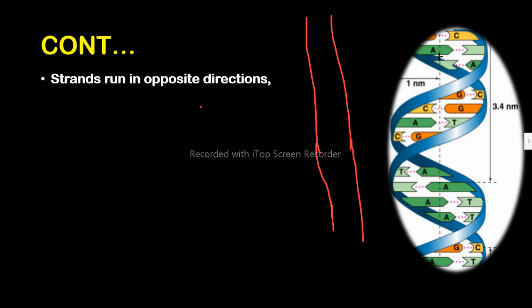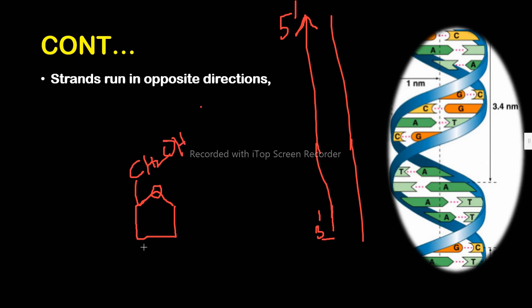And the two strands run in opposite direction, whereby if you have one strand that runs in this direction, maybe this is the 3 prime and this is the 5 prime. And where is the 3 end? If we draw this pentose sugar, where this is the O, and then you have carbon number 1, carbon 2, carbon 3, carbon 4, and this is carbon 5, and you have the C2 OH here, and the OH here.